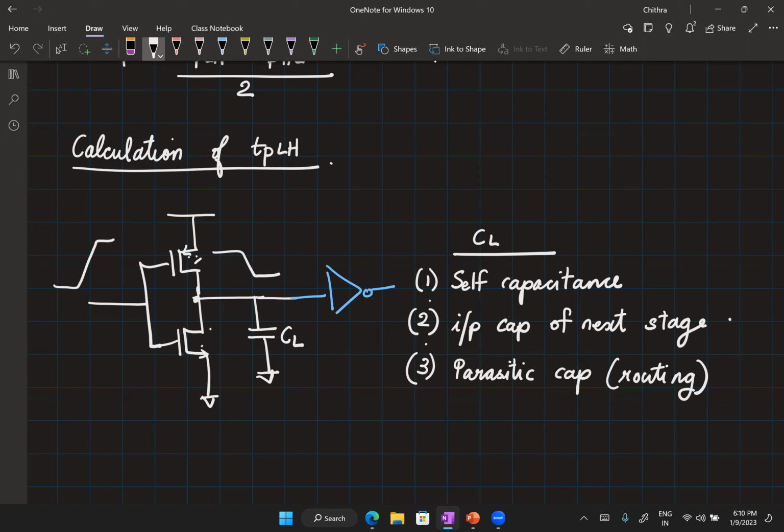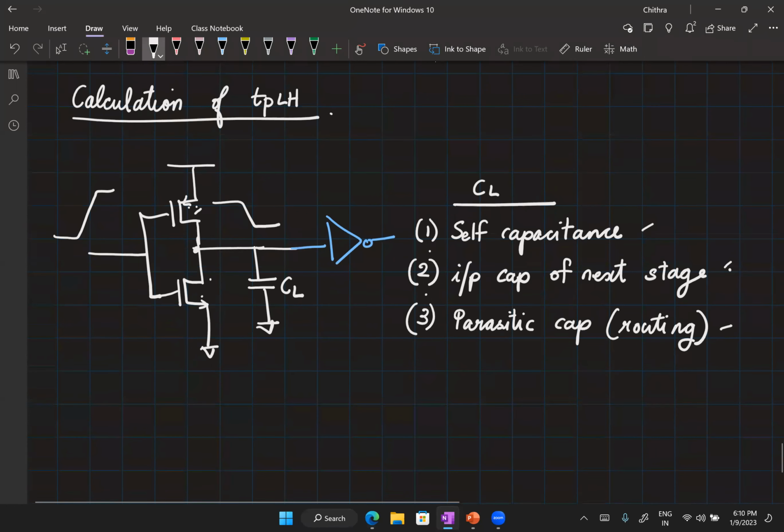We have already done the calculations of each of these in E370 as well as in E619. So we'll not go into the details of those calculations here, and it's not required also. It's more important to understand generally where these capacitances are coming from.